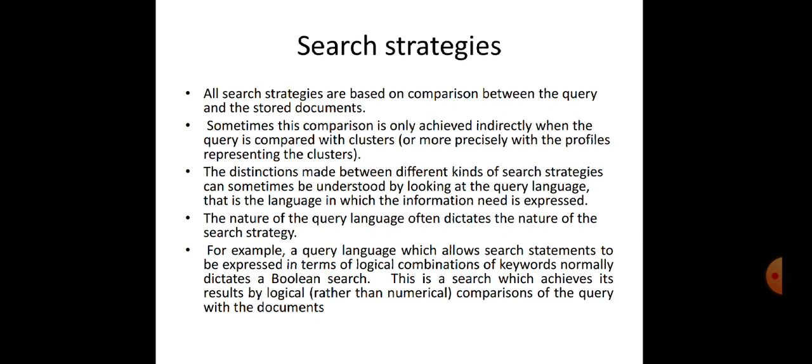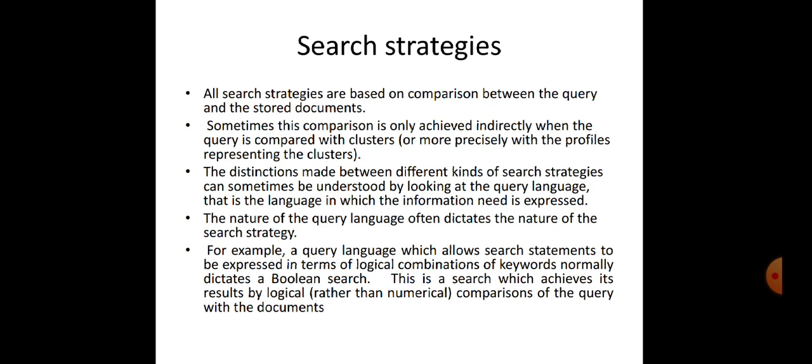For example, a query language which allows the search statements to be expressed as a logical combination of keywords normally dictates a Boolean search. This is a search which achieves its results by logical comparisons of the query with the document.